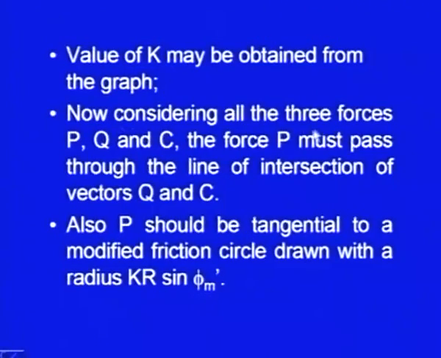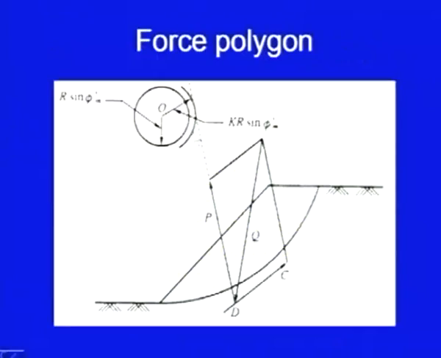Now, considering all the three forces P, Q and C, the force P must pass through the point of intersection of the vectors Q and C. This is the condition which should be satisfied. So, the direction of P is available with us, and we can draw this modified friction circle.